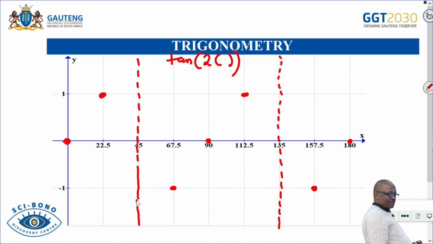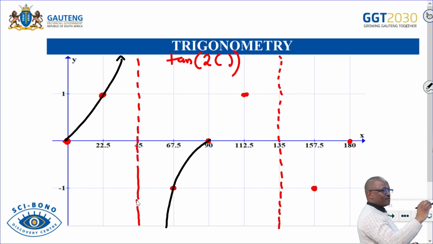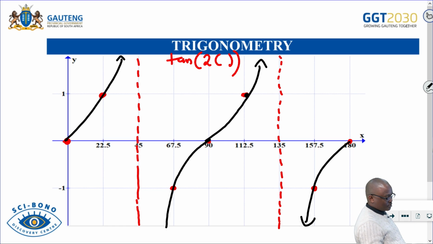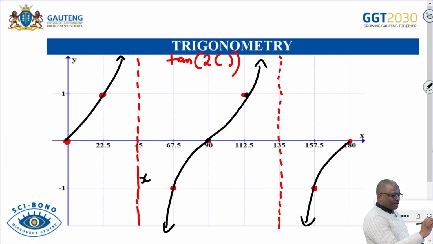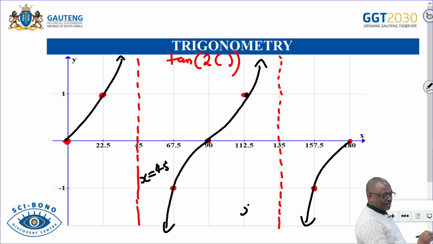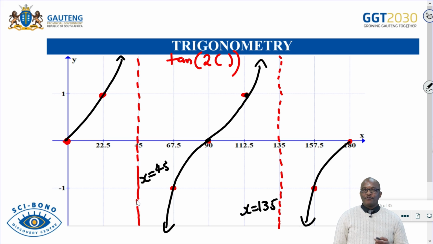Then we can simply join our points accordingly. So that's what we are going to get in this graph of tan. So the equation of the asymptote is going to be 45, and the other one is 135. Those are the equations of the asymptotes when we are drawing the graph of tan like that.